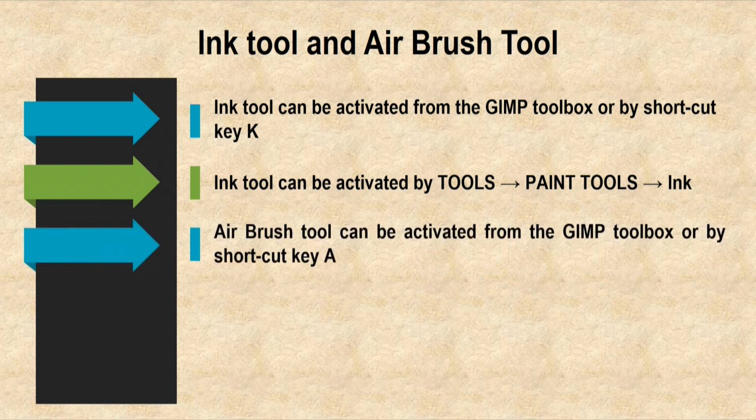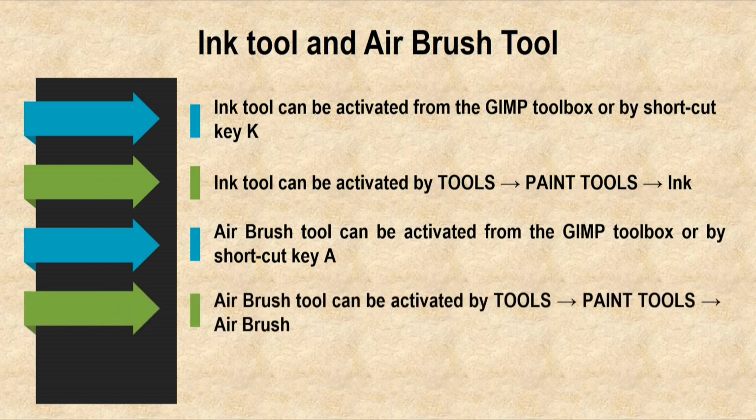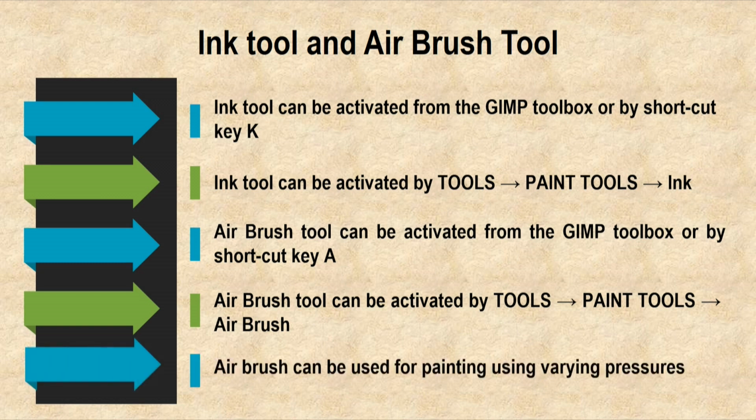Airbrush tool can be activated from the GIMP toolbox by making use of the shortcut key, that is capital A, and also it can be started from the tools menu option and paint tools, and then we can find the airbrush option from there. This tool can be used for painting by varying the pressure.